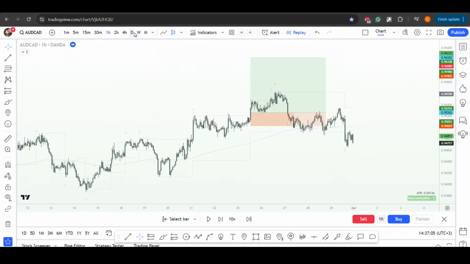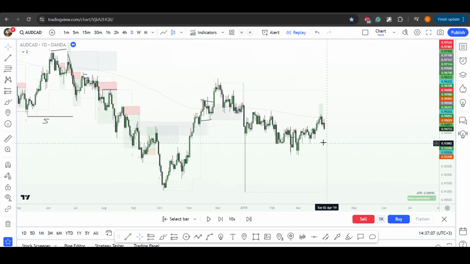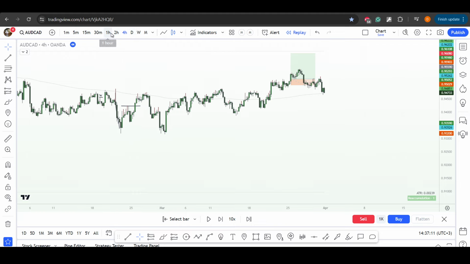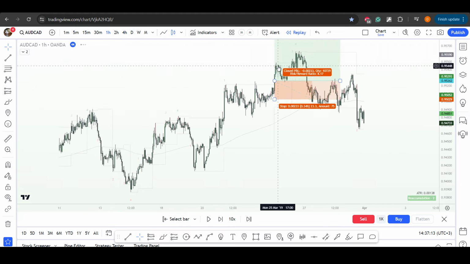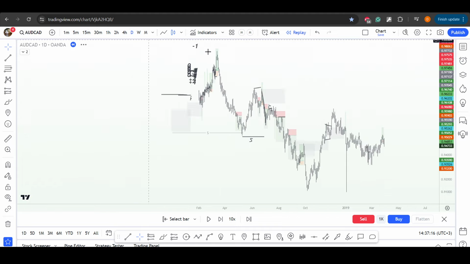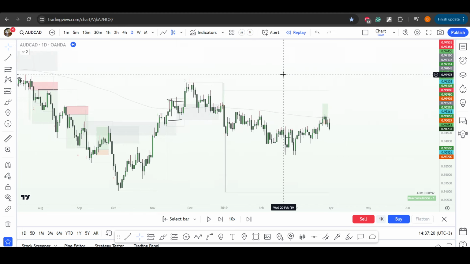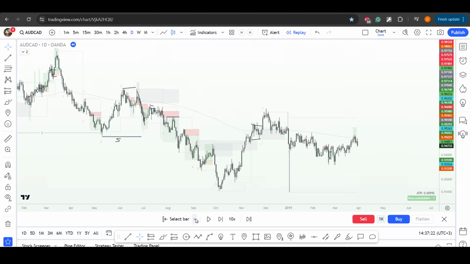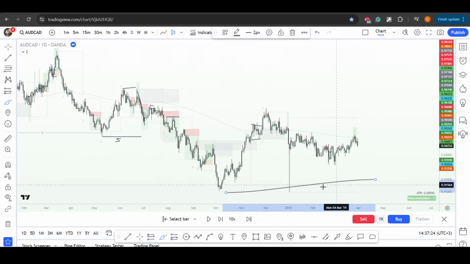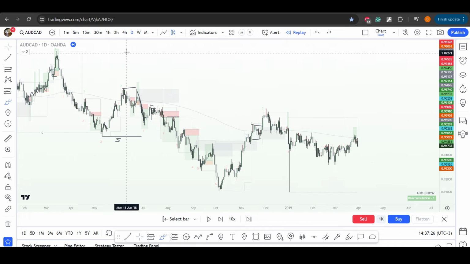And on daily and on 4 hours we are just in this weird, ugly range, and starting to shift to the downside in alignment with this overall higher time frame trend, and also our higher time frames equal lows target.